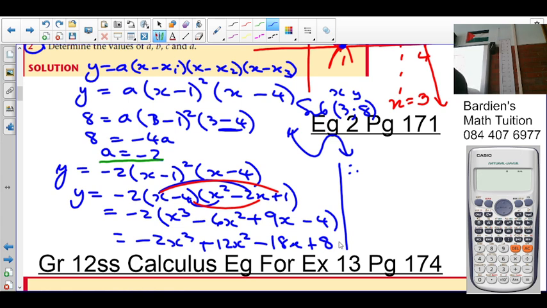So your a value is minus 2, your b value is equal to 12, your c value is negative 18, and your d value is 8. Okay. Is that correct? Otherwise, you could have listed at the top of b the value of a is equal to minus 2. There's no harm in that, okay?